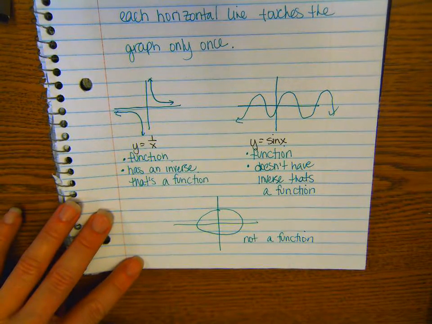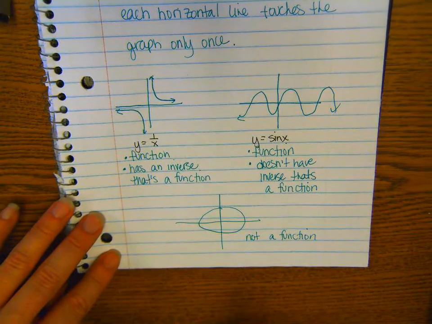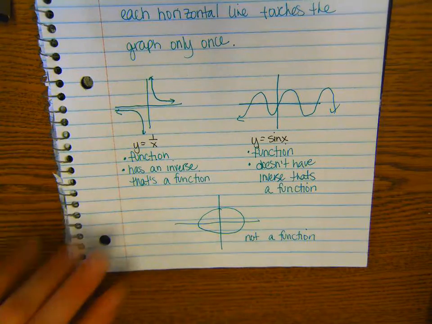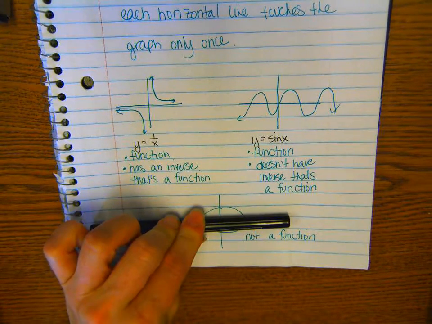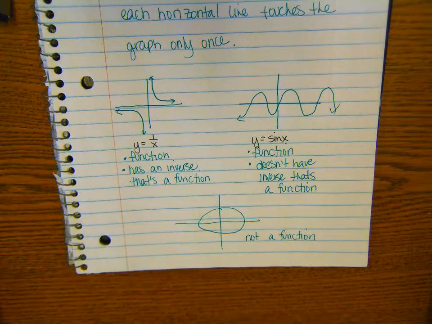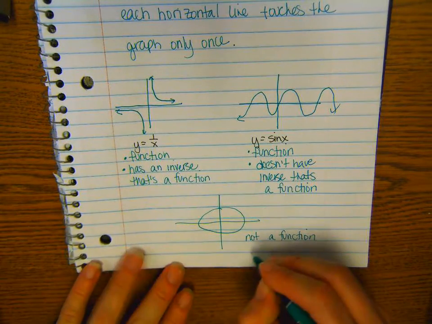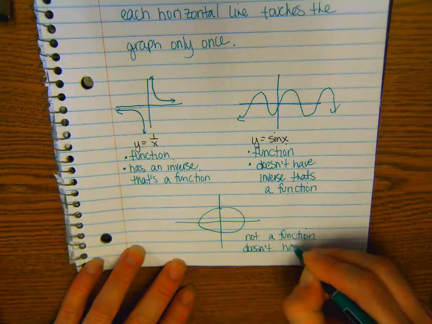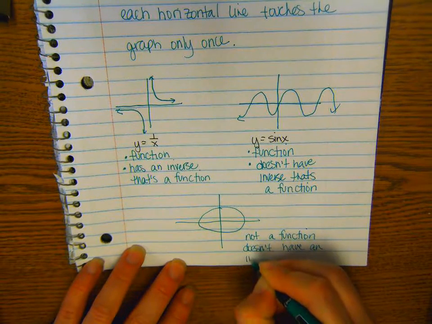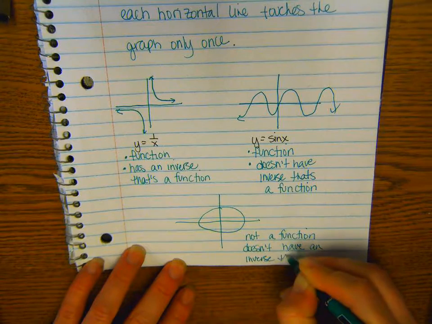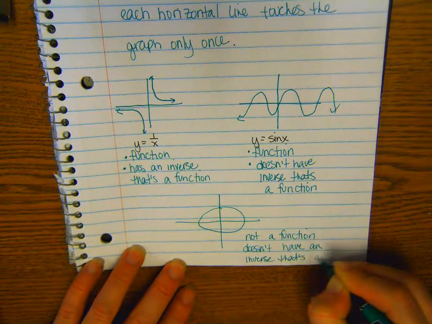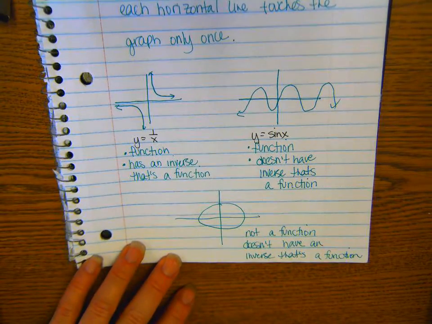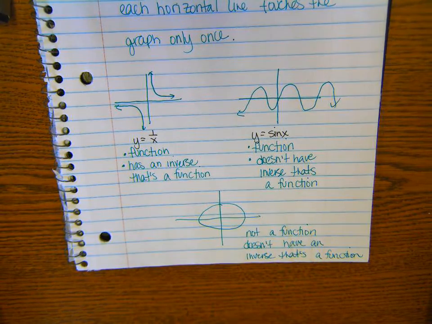No. This fails both the vertical and horizontal line test, right? Like if I drew a horizontal line, it would also touch more than one. Not a function, and it doesn't have an inverse that's a function either.